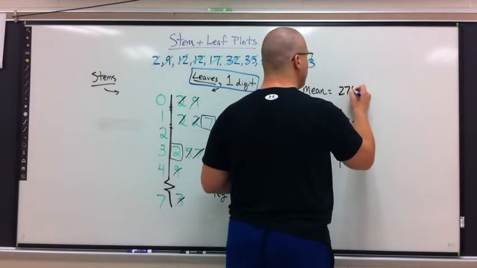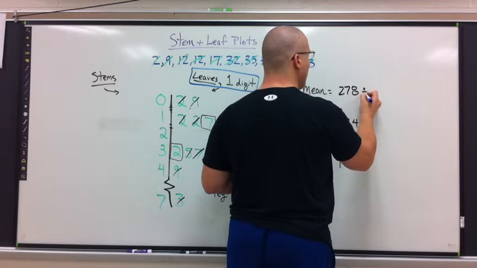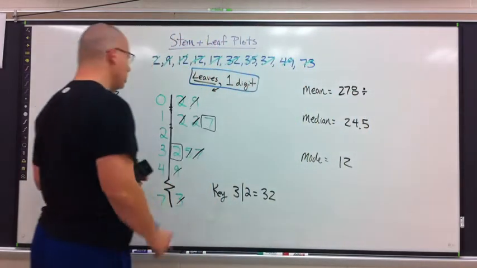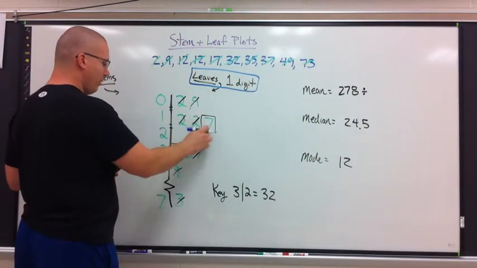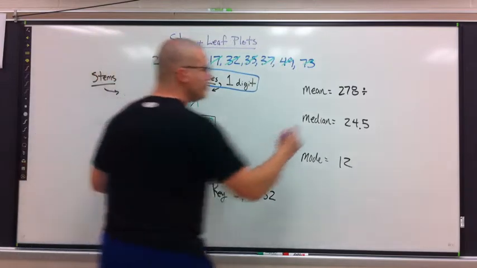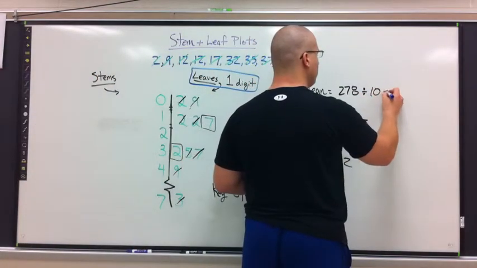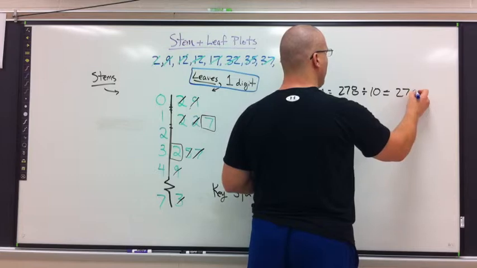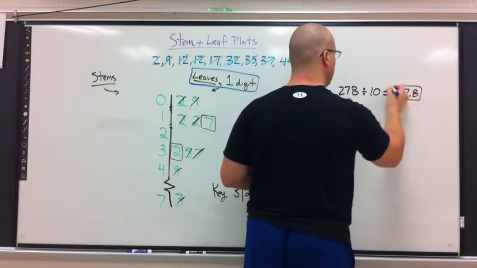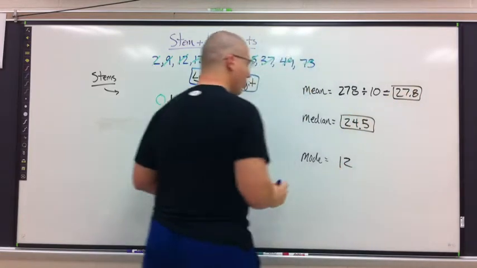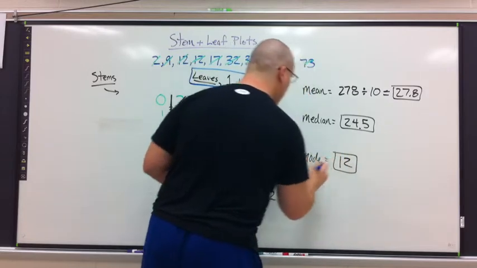I do want to write the sum. That way if I clear my calculator, I don't have to add them up again. 278 divided by 1, 2, 3, 4, 5, 6, 7, 8, 9, 10. That's easy. 27.8. 27.8, 24.5, mode is 12.